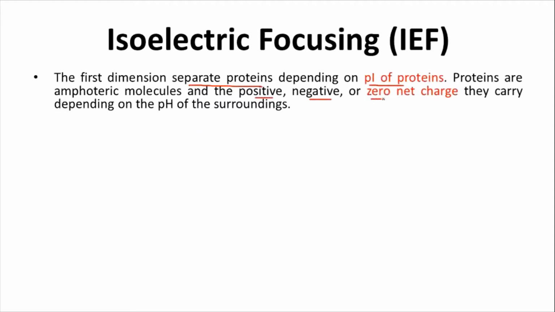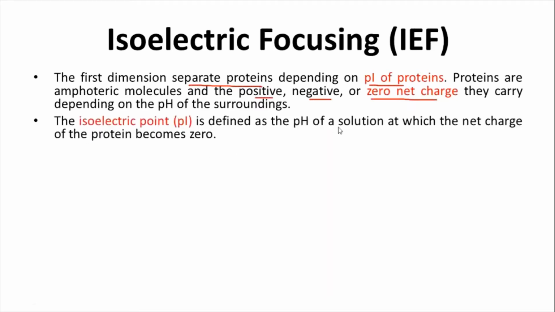So when it reaches the net charge, it can never migrate. The isoelectric point is defined as the pH of the solution at which the net charge of the protein becomes 0, the pH of the gradient gel. So the protein migrates to reach the corresponding pH of the medium, where the net charge of the protein becomes 0.